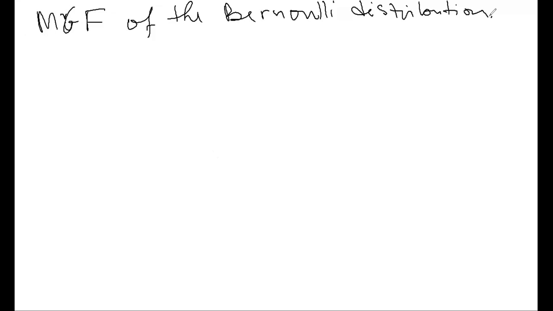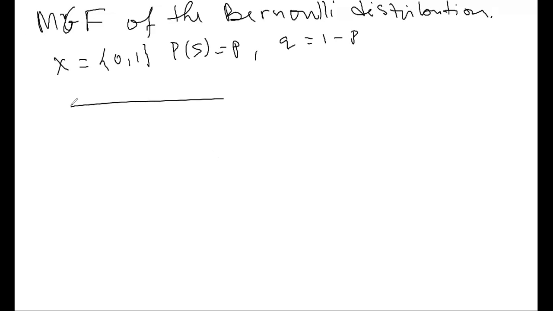Remember, the Bernoulli distribution is a single trial in which x is the number of successes. Probability of failure equals q equals 1 minus p. And we have a distribution like this: x, p of x, 0, 1, q, and p.